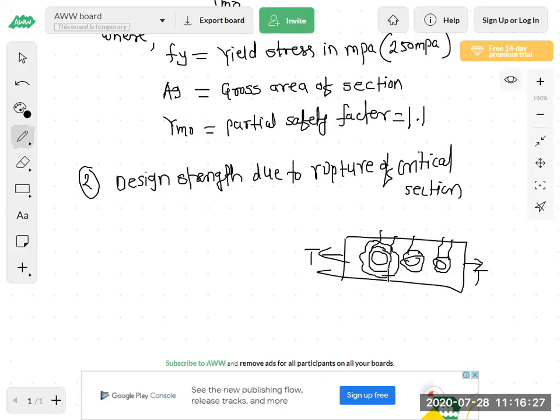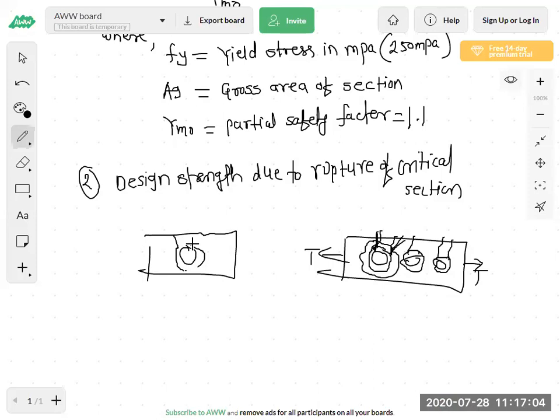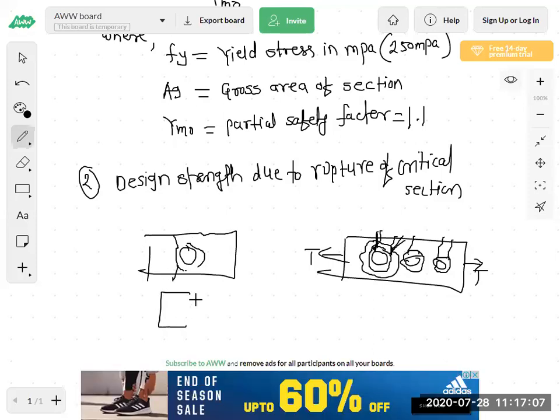Now fracture, one of the students asked me what is fracture. See, fracture is nothing but the same condition, and when the bolts are punching into the holes, due to this punching pressure on the hole there may be cracks like this and a fracture will be there. This is the hole. The area increases and the crack will be there, and due to this crack, the whole plate will break apart from each other.